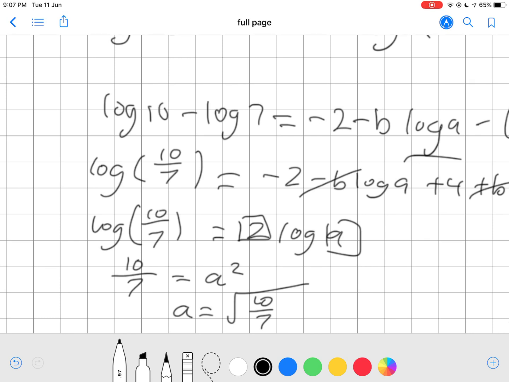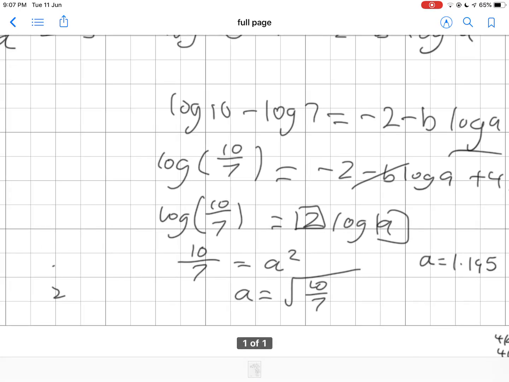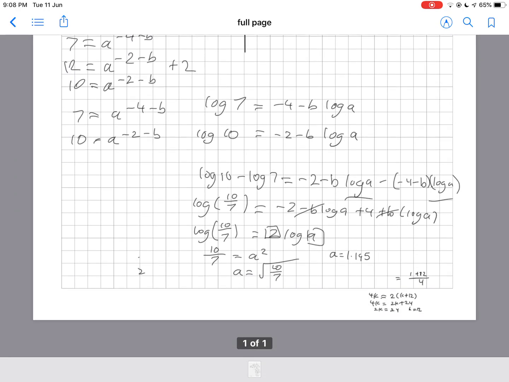Wait, just let me do 10 divided by 7. Square root of, okay, so you get 1.19. A equals 1.195. Okay. So basically now we have to just find the b value, okay?